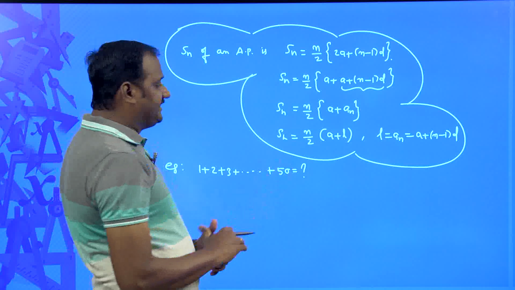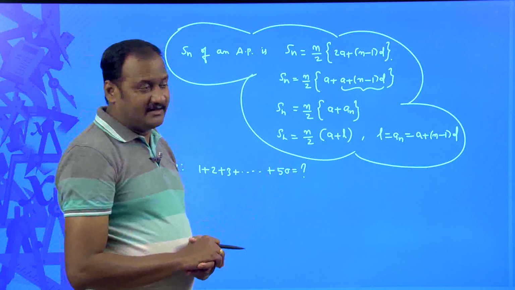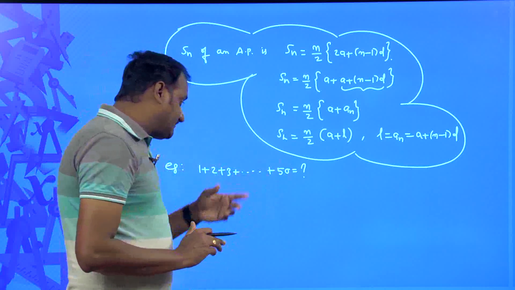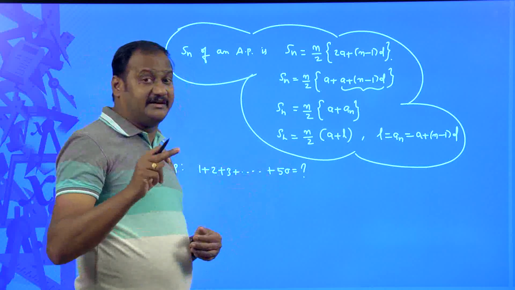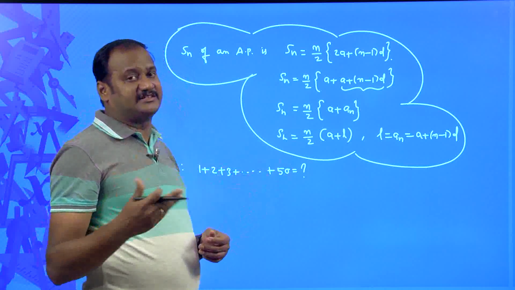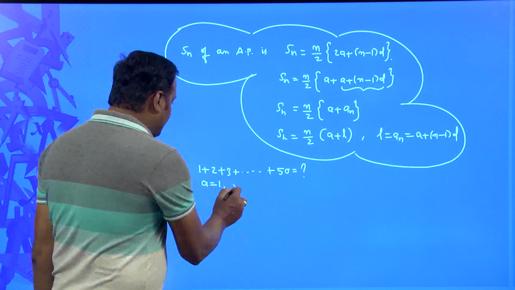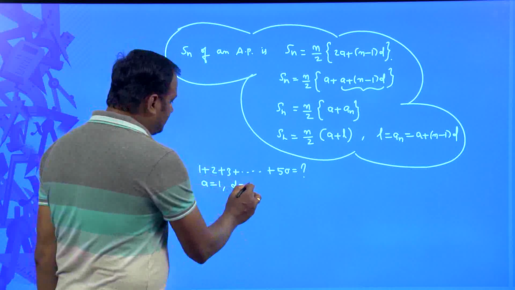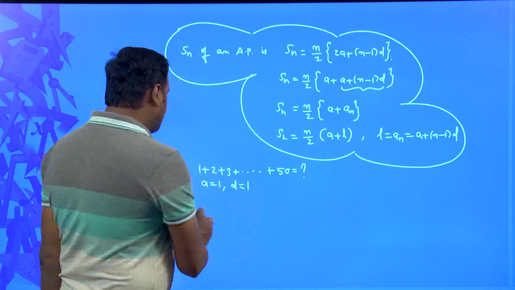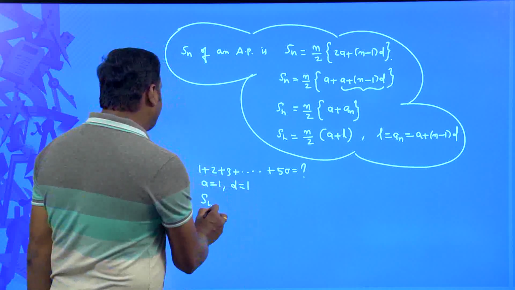In order to find this, the sum of n terms of an arithmetic progression is called an arithmetic series. Series is nothing but the sum of terms. Here the first term a is equal to 1 and the common difference is 2 minus 1 is equal to 1. Therefore, what is the sum of the first 50 natural numbers?